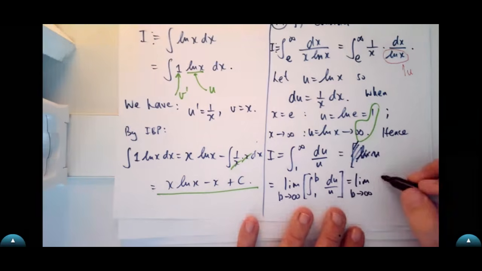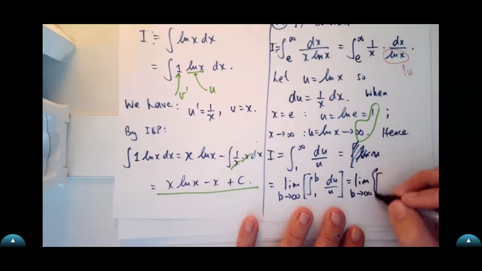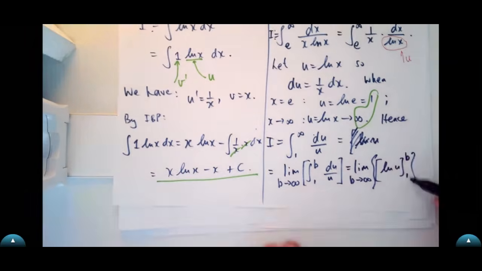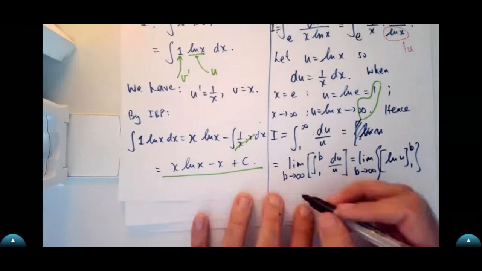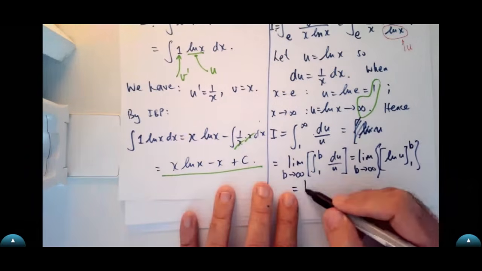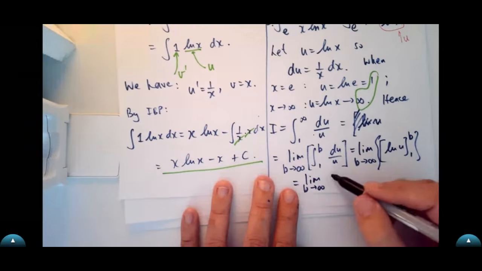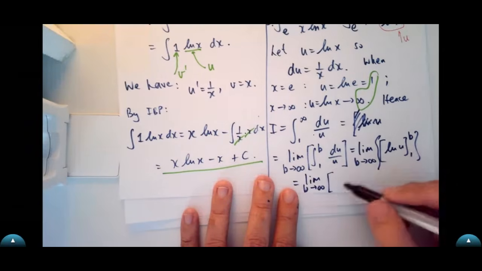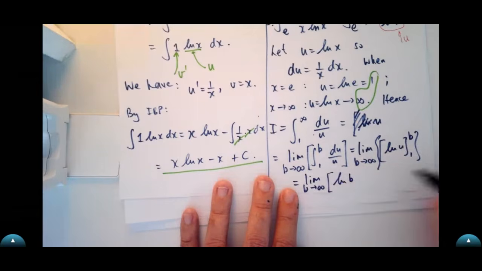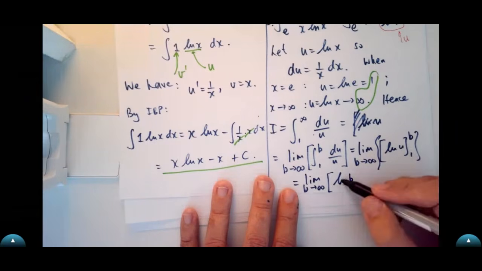All right, so if we integrate 1 on u, we get log u, from u equals 1 up to b. So I'm going to get log of b minus log of 1, which is 0.